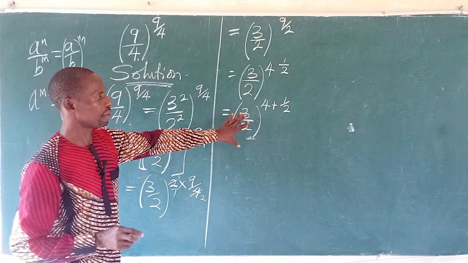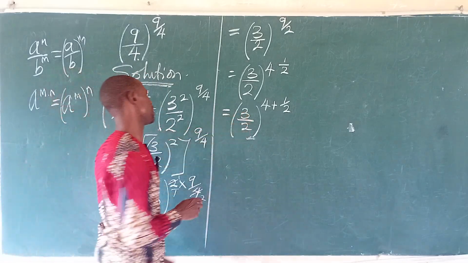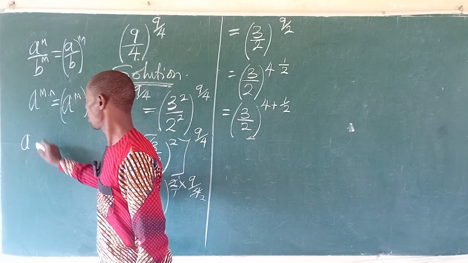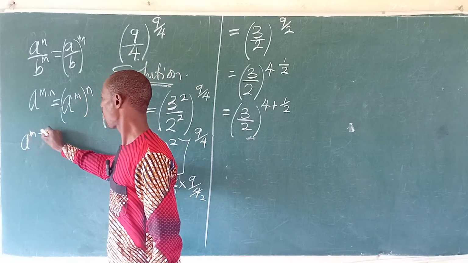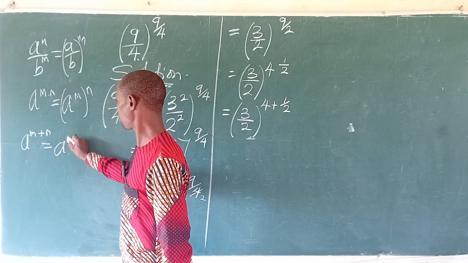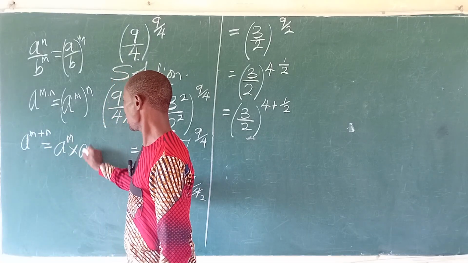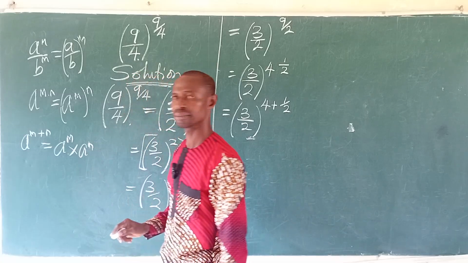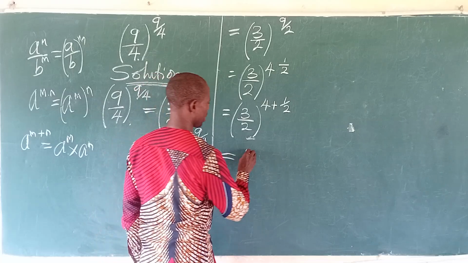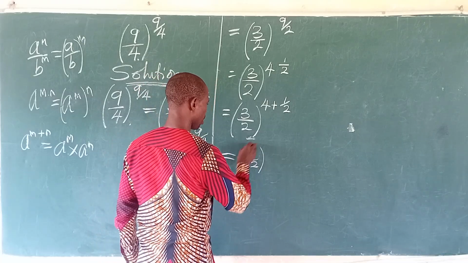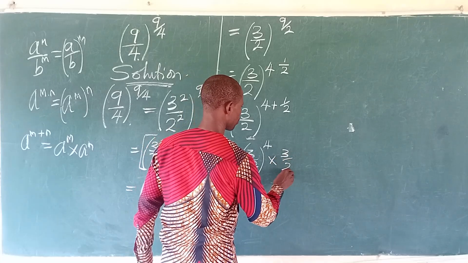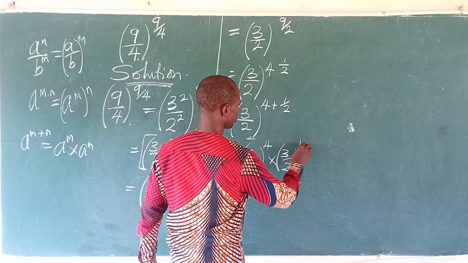Then we're going to apply the law of indices, which says that a to the power of m plus n is equal to a to the power of m times a to the power of n. So if we apply this law, this is going to be (3/2) to the power of 4 times (3/2) to the power of 1/2.